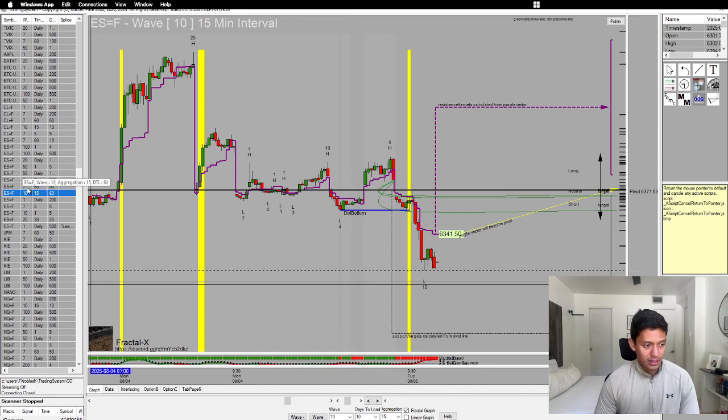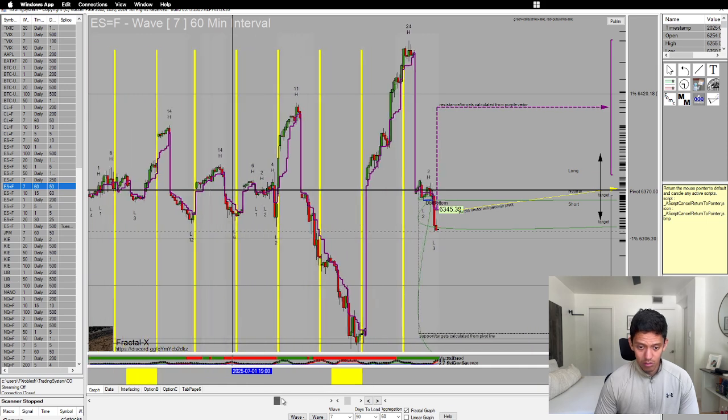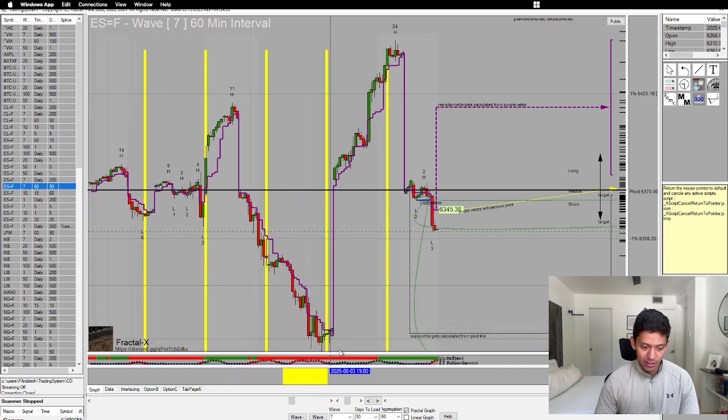But once price starts a new trend or a new cycle, that vector value that was last present becomes the pivot. That vector value that was last present before the new cycle becomes the pivot.